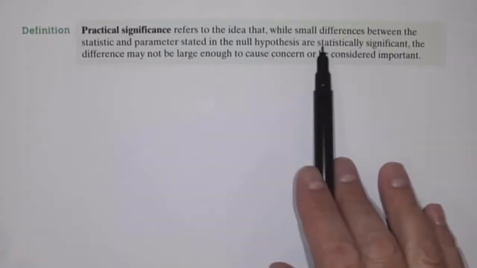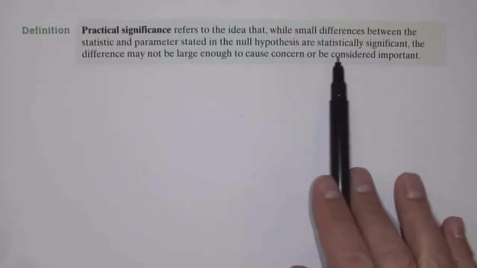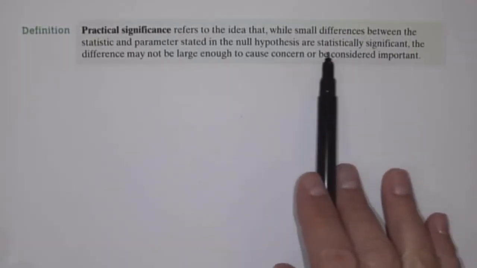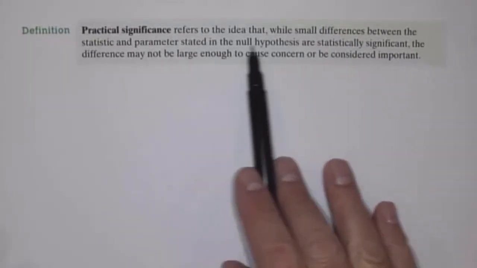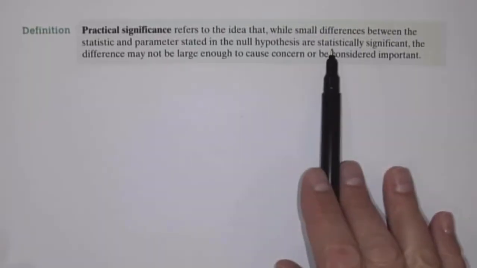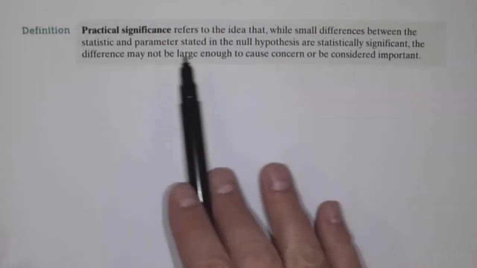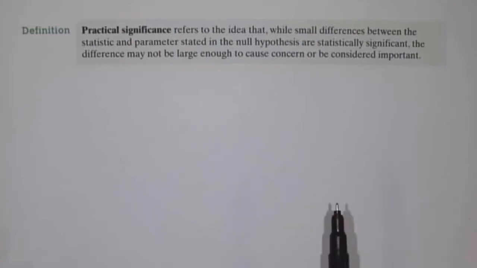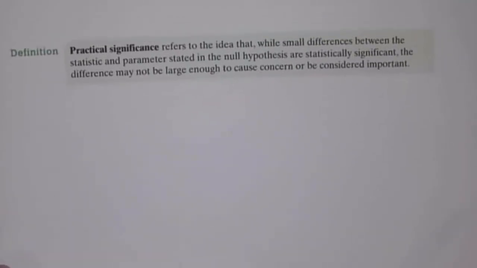That's the idea. Now, we're worried about things being statistically significant, and so we're concerned about that. But again, don't lose common sense. Just because something's statistically significant, that doesn't necessarily mean it's going to cause concern or really be that big of a deal. So let's take a look at an example of this.